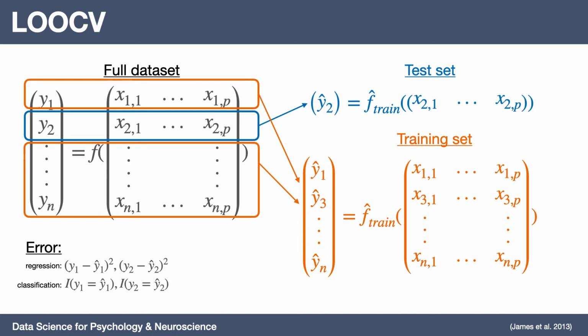Those become my training set. I learn a model, f hat train, and then I apply that model to the data from observation 2, and see how well I can predict y2 from the observations in x2. Again, in the classification context, it's just the difference in accuracies. In the regression model, it's the residual squared error.